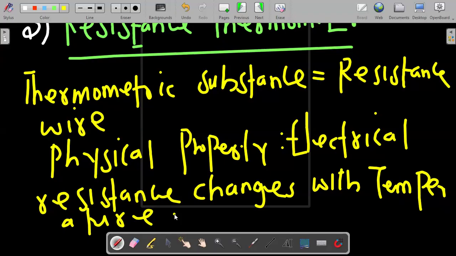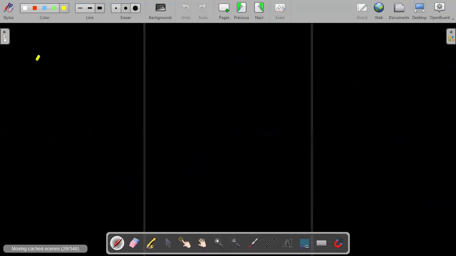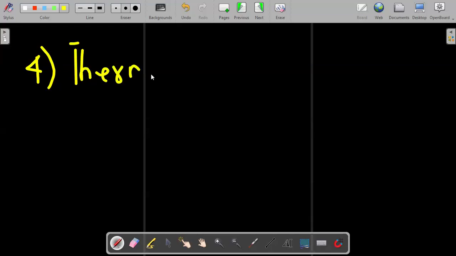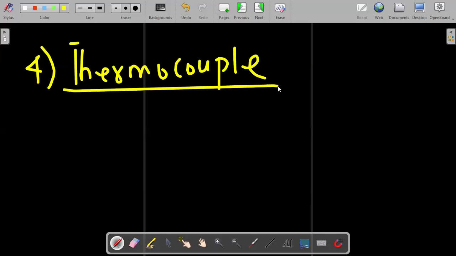Then are you done with this one? Yes, sir. Okay, let's look at number 4. Number 4 is what we call thermocouple. Remember I mentioned at that time two dissimilar wires. That's what we said about it.